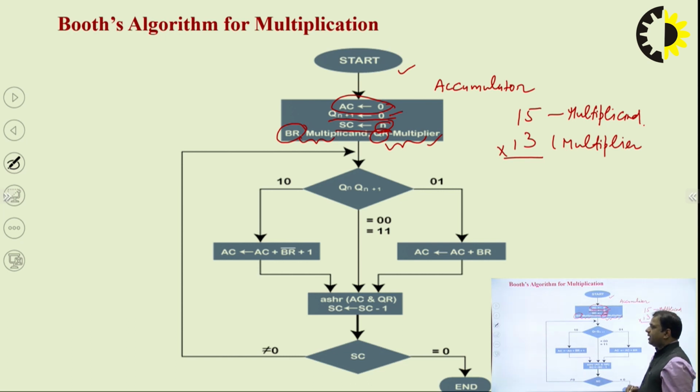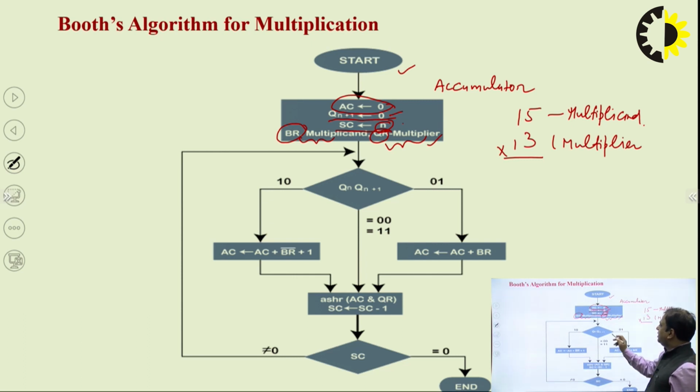So the first step is to initialize the accumulator with 0, Qn plus 1 with 0, put the sequence counter equal to n, the multiplicand will be held by the BR register and the multiplier will be held by the QR register.